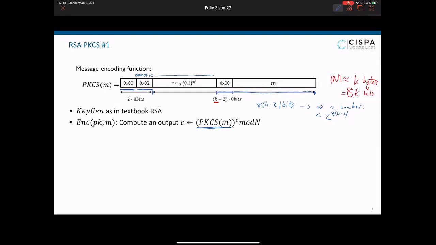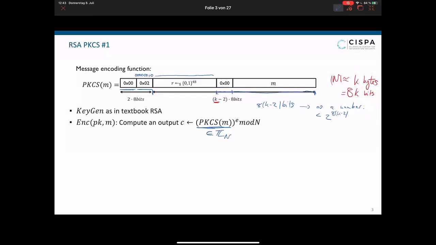And the output, since our integer n is of 8k bits, this PKCS of m, we can interpret as a number in Zn.